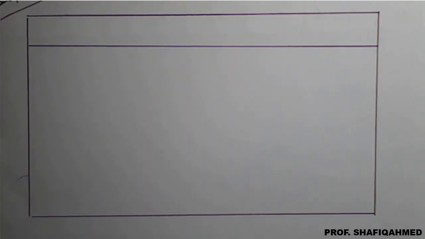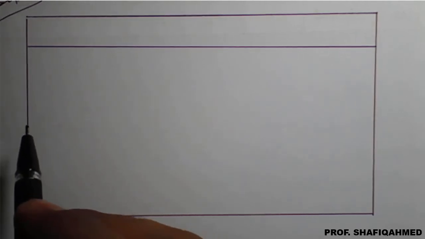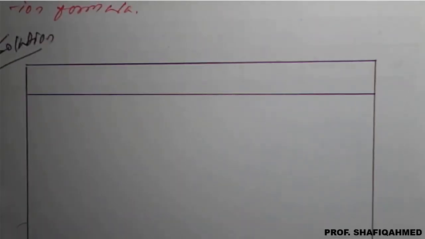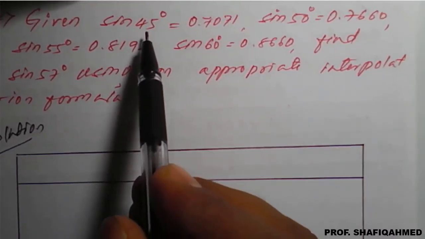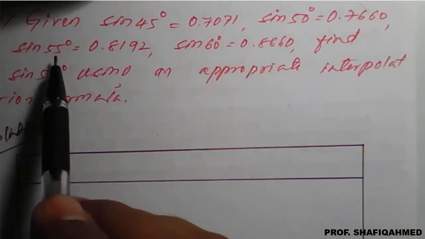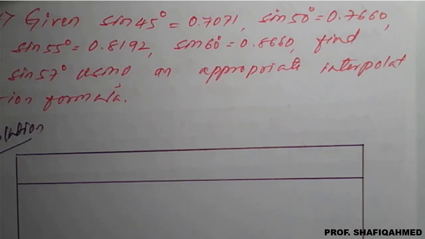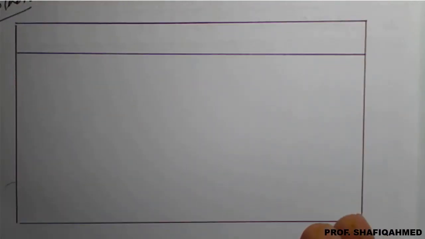We'll see now. From the question, 45, 50, 55 and 60 degree are the values of x.